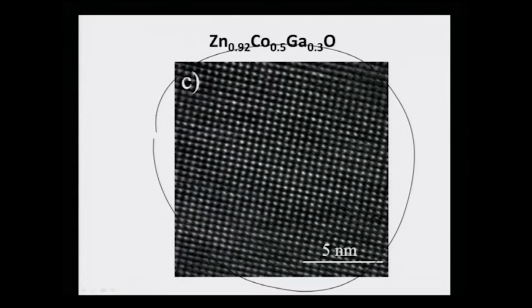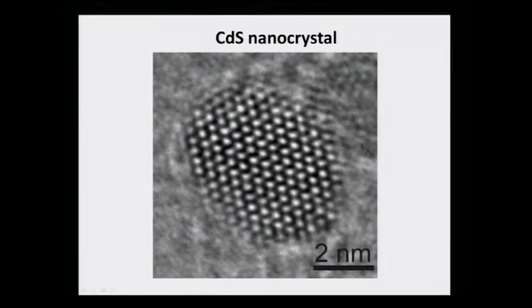These images are taken in normal conventional high resolution electron microscopes with a FEG, or field emission gun. The next image is again from a CdS crystal, cadmium sulfide, where you can see very small crystallites, approximately 4 to 5 nanometers in diameter, where each white dot signifies a column of atoms. Similarly, black dots, which are not observed clearly, also signify a particular column of atoms.